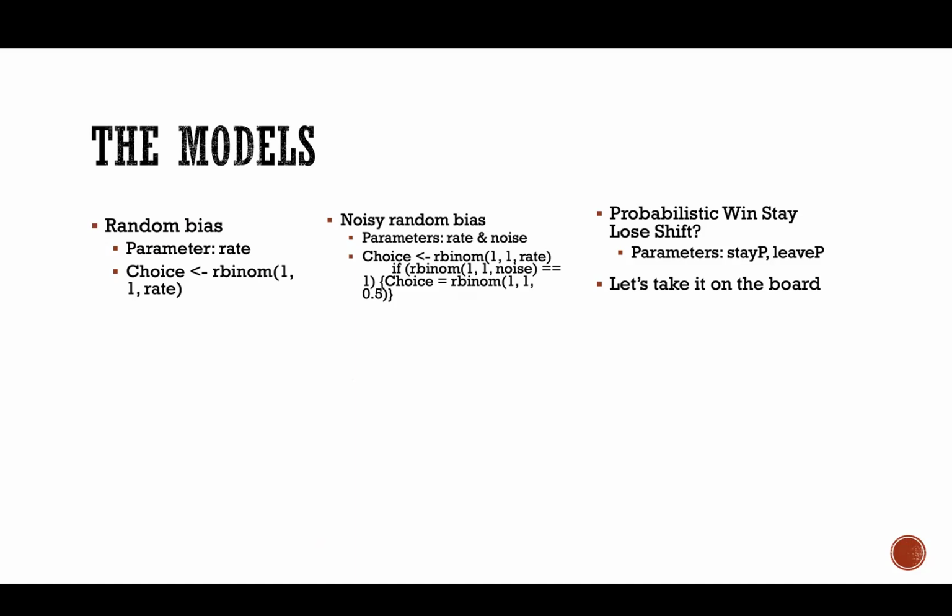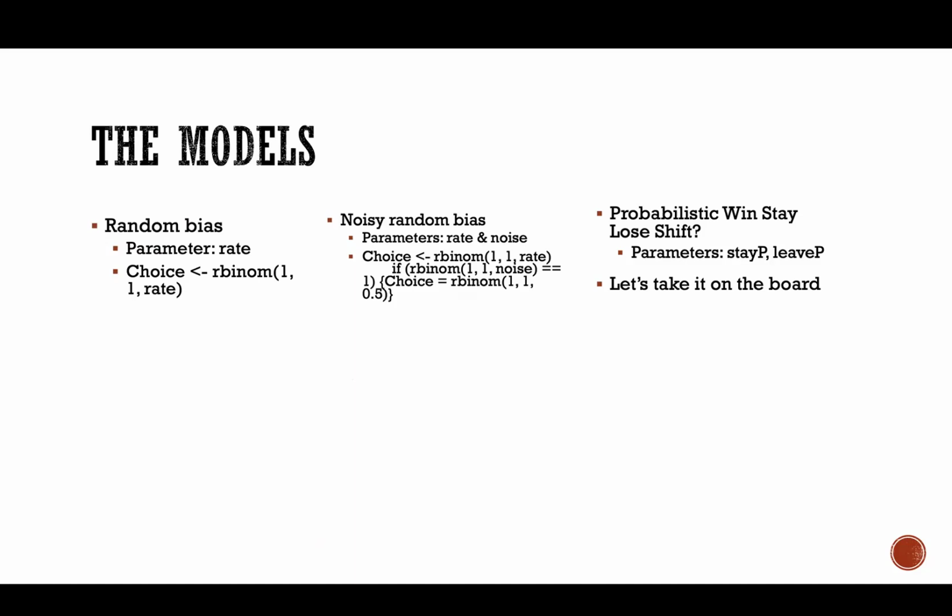How do we turn that into a model? I know some of you went for the probabilistic win-stay, lose-shift. So how would you write the formula of that model? Somebody took away the markers again, but that's not a problem. Yes, anybody? But remember that what you have in each trial is your choice, right?